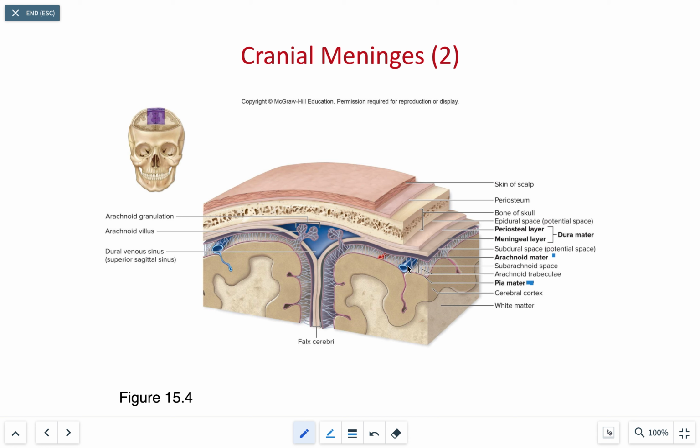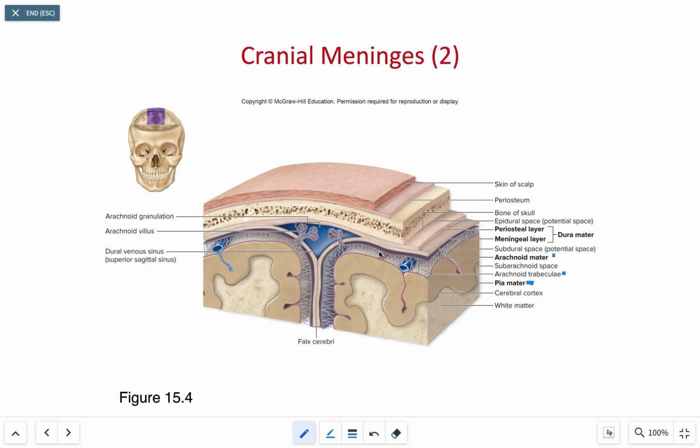So within the arachnoid mater, we're going to have a couple of different areas to talk about. The first one is going to be the arachnoid trabeculae. The arachnoid trabeculae is this white spider web structure, which is basically composed of collagen and elastic fibers.